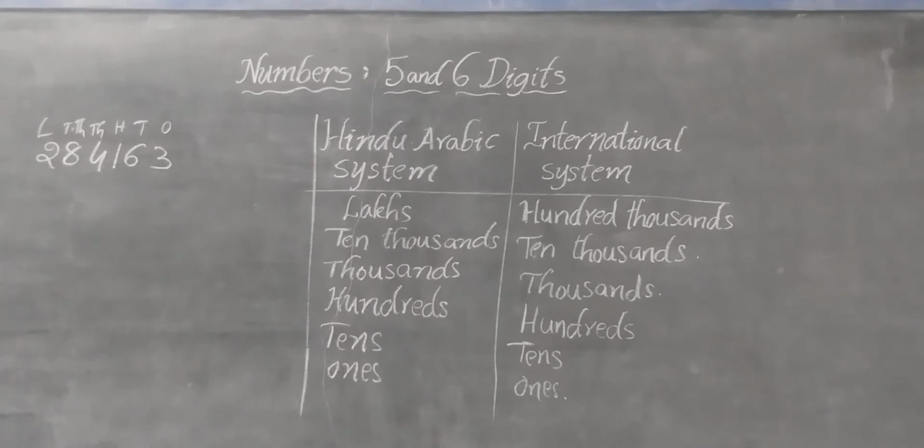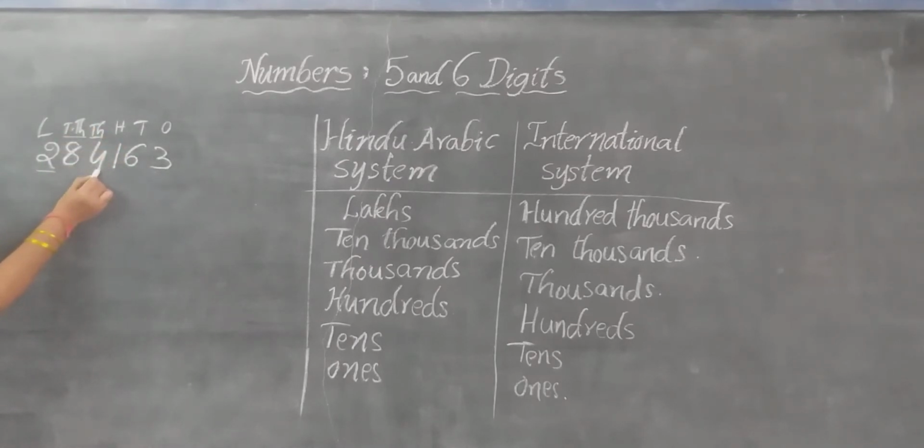How to read this number? 2 in which place? Lakhs place. So 2 lakhs. 8 in 10,000s place. So 80,000. 4 in thousands place.